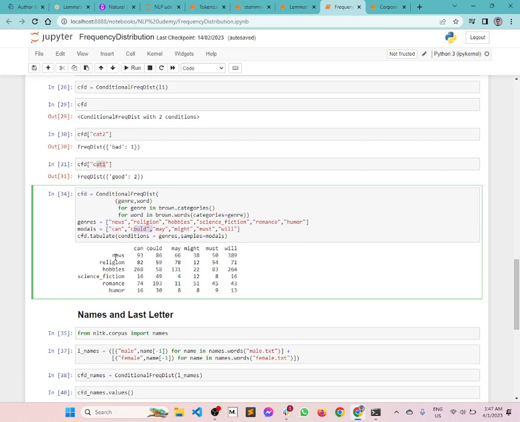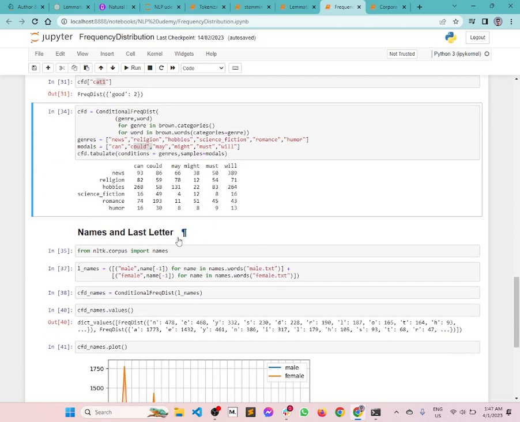So we got that news, which is close to "can", is 93 times, "could" is 86 times, "may" is 66 times, religion, which is close to "can", is 82 times, and hobbies, which is close to "can", is 268 times. This is the whole overview idea of the corpus.